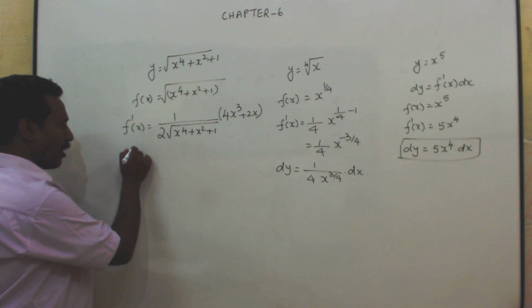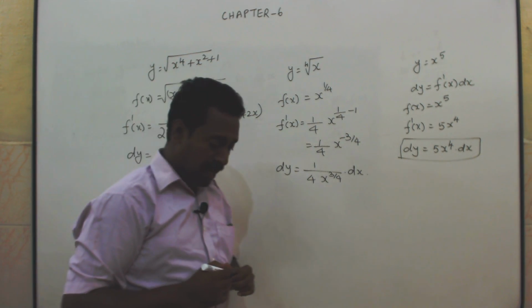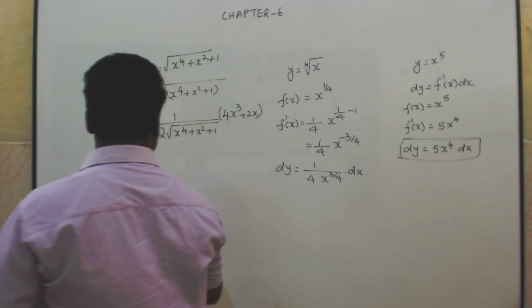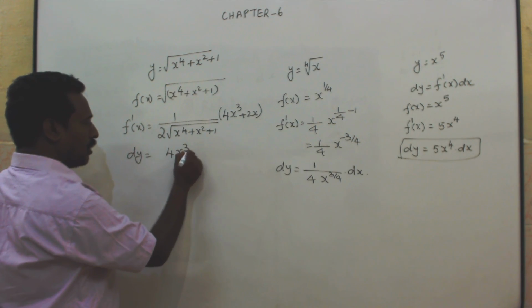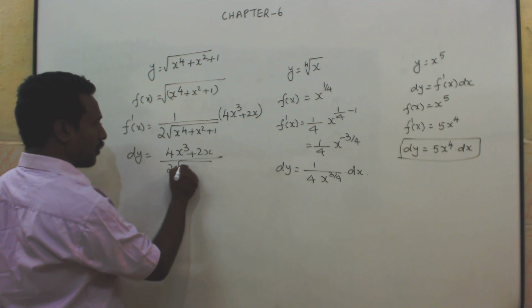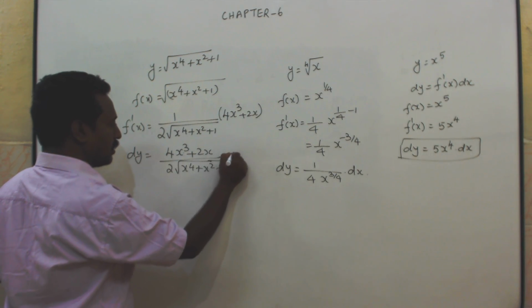Now, the formula is dy equal to f dash of x into dx. f dash of x is equal to 4x cube plus 2x by 2 root of x power 4 plus x square plus 1, into dx.